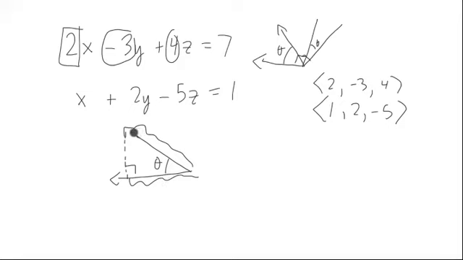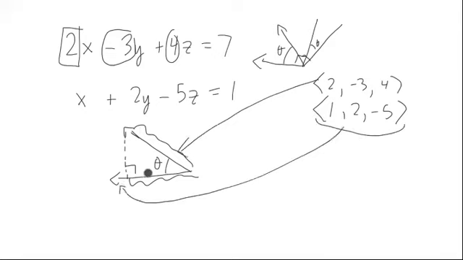Let's pick this one right here to be the top one, and this one right here to be the bottom vector. To get a projection of one onto the other one, it's just the dot product if the one you're projecting onto is a unit vector, but this one's not a unit vector.